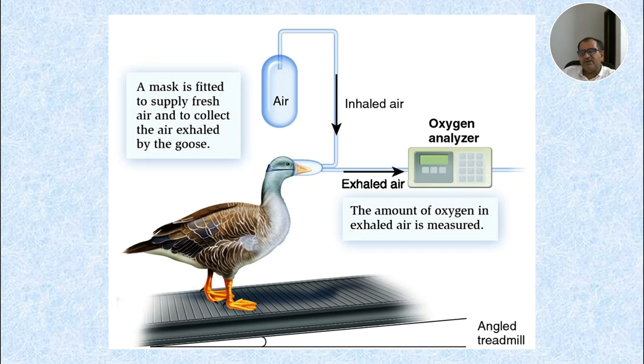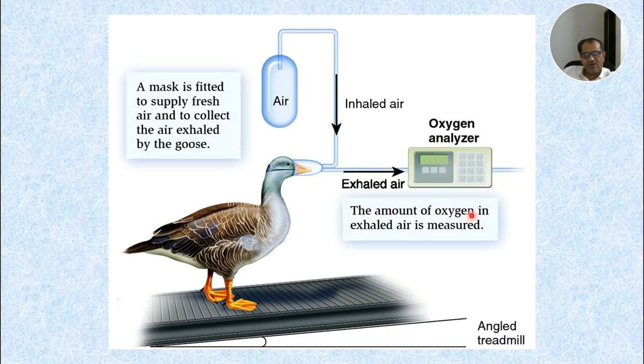A mask is fitted with a supply of fresh air to collect the air exhaled by the goose. So fresh inhaled air was coming from the container, then the exhaled air was analyzed using an oxygen analyzing meter.